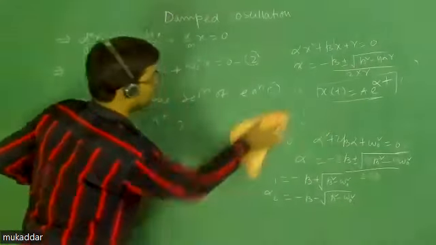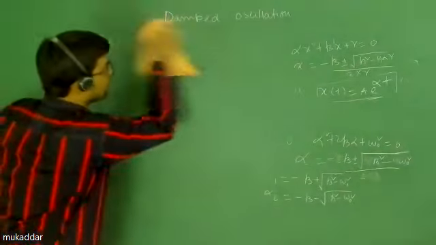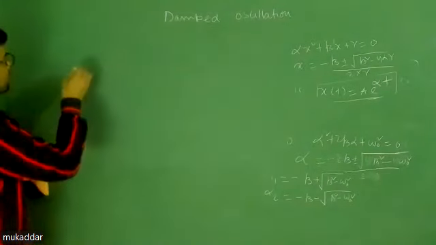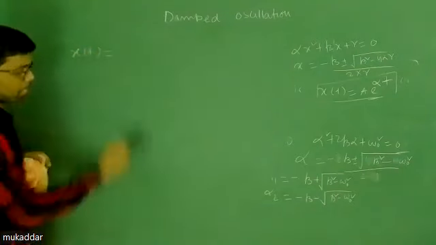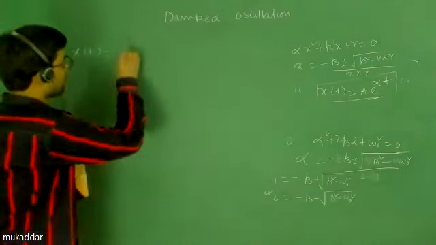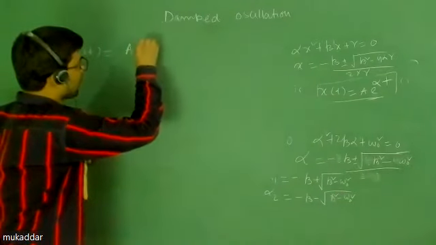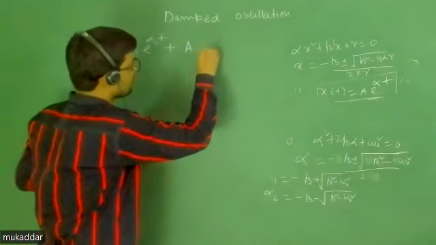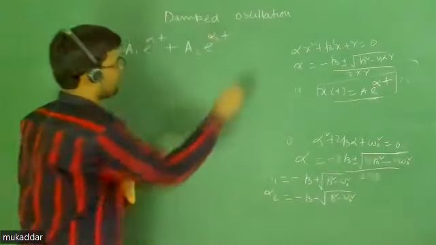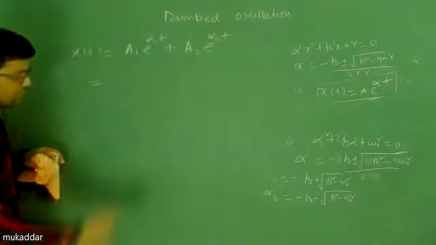C1 e raised to alpha 1 t plus C2 e raised to alpha 2 t. So you will get the solution x(t), that will be a1 e the power alpha 1 t plus a2, some other constant, into e the power alpha 2 t.